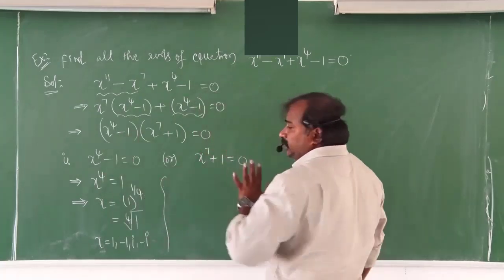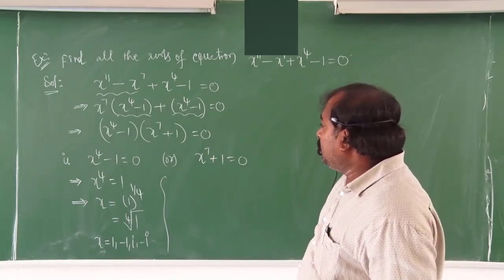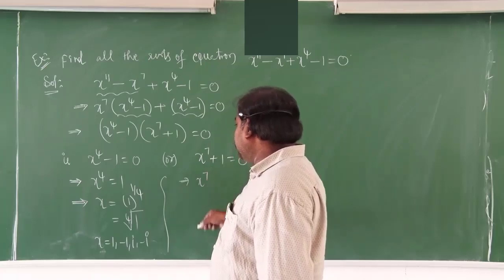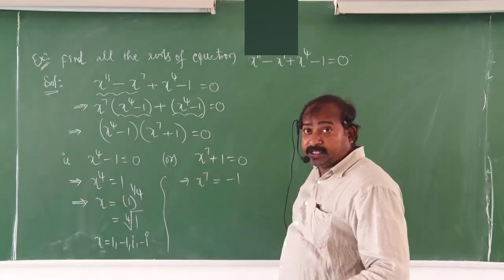Then how can you simplify this? x power 7 plus 1 is equal to 0. So x power 7 is equal to minus 1.